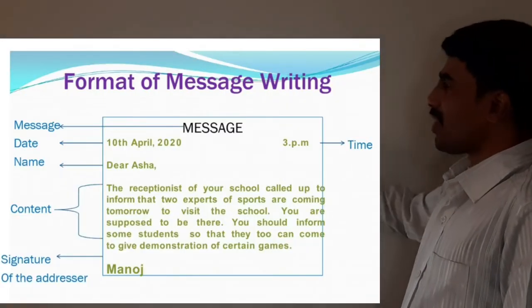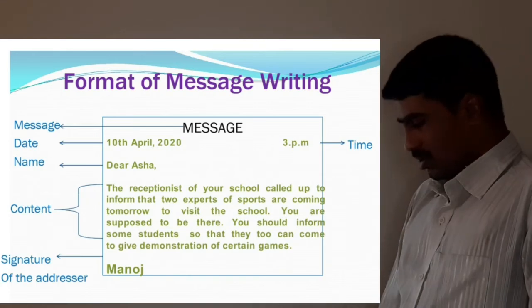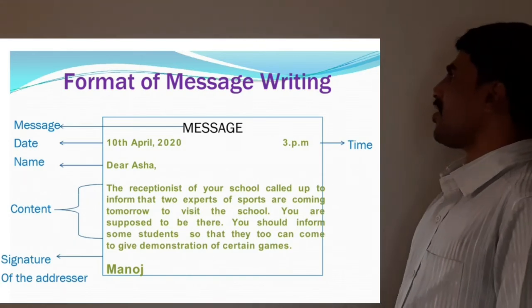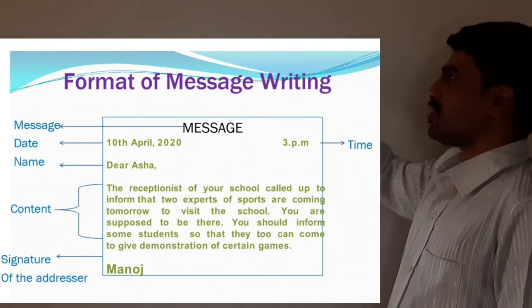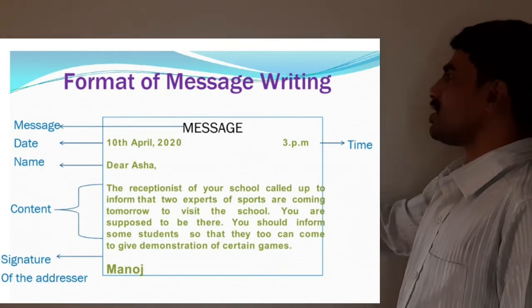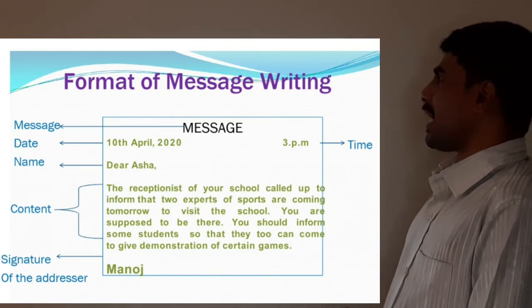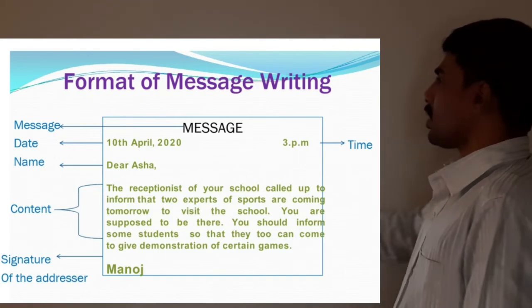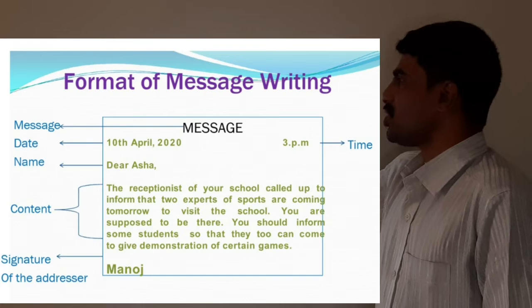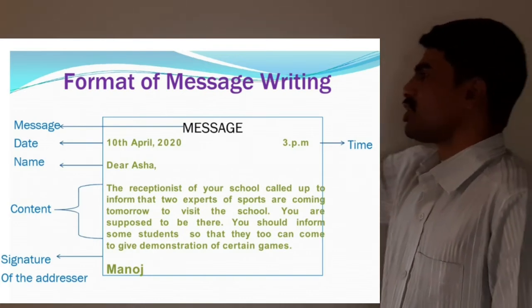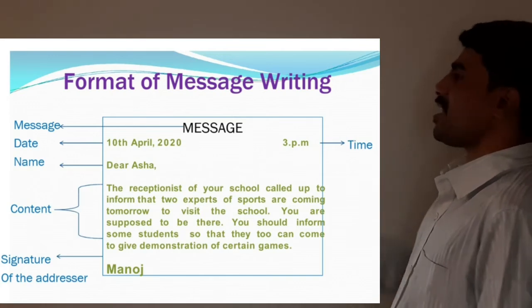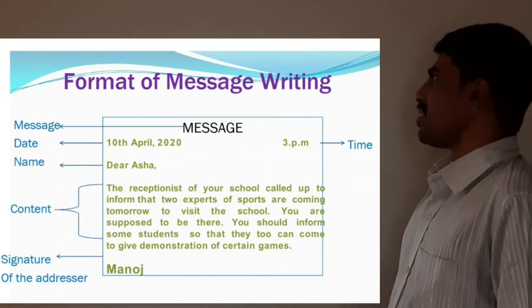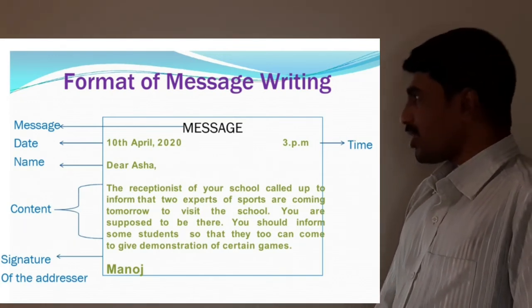Then you have one more telephonic conversation here, and according to the telephonic conversation we have seen, this is the message. As I told you, I gave one more example here. The message is written in capital letters, with the date, name, content, signature of the addresser, and time, everything given here in the format of message writing.